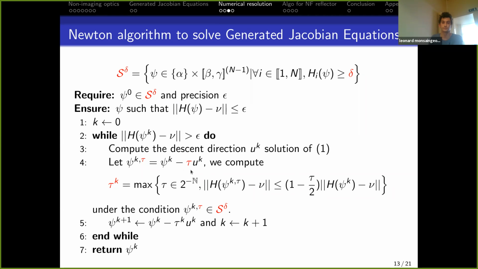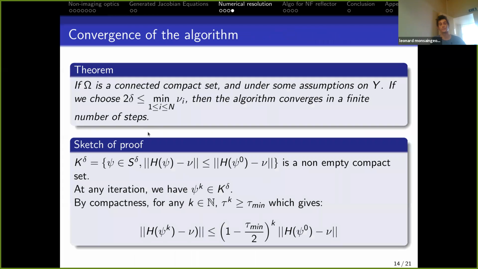And we have a theorem that, under some assumptions on y, we have convergence in a finite number of steps. The proof of this theorem is a proof by compactness.